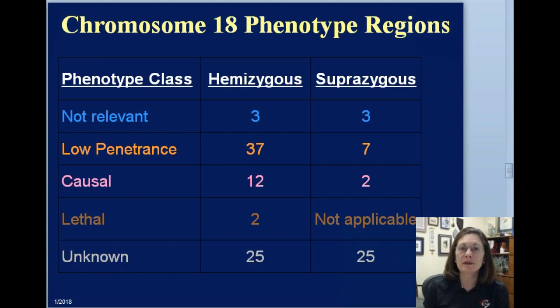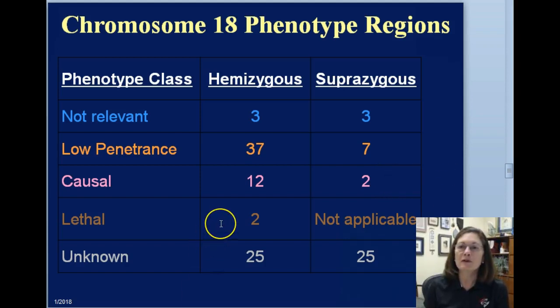But we won't know for sure until the specific gene and more genetics is understood about those conditions. 37 are low penetrance for deletion and 7 for duplication. 12 are causal, and these are mostly our critical regions that we've identified as being associated with an 18q or P deletion. So they cause a problem that we see in more than 50% of people with a deletion of this region, or problems that we see in more than 50% of people with duplications of the region. And there's only 2 of those regions for the duplications.